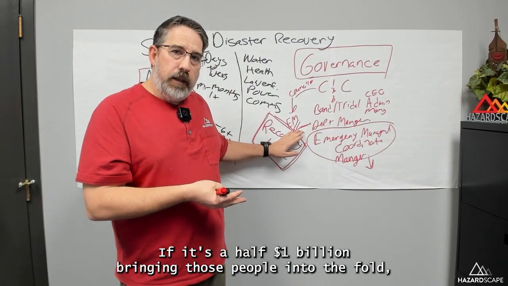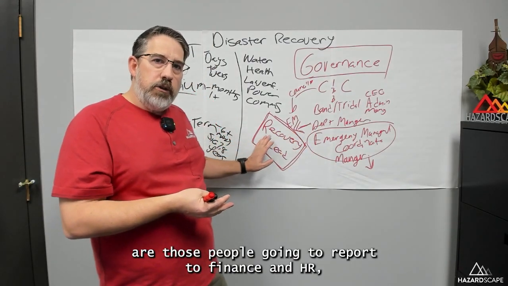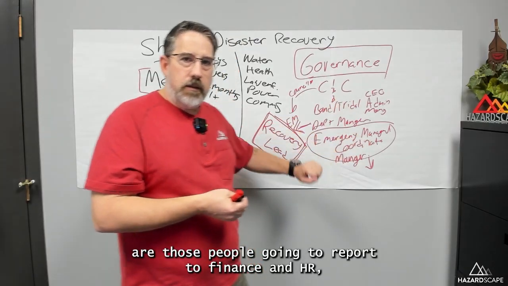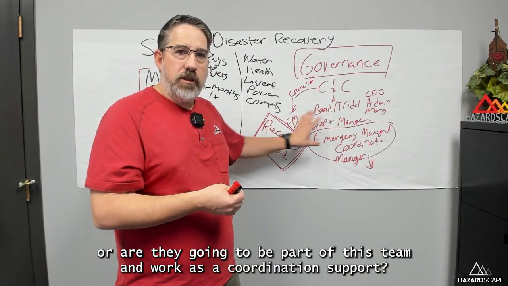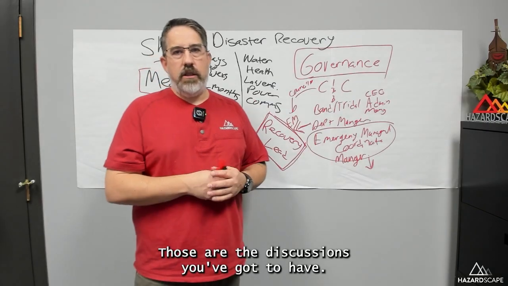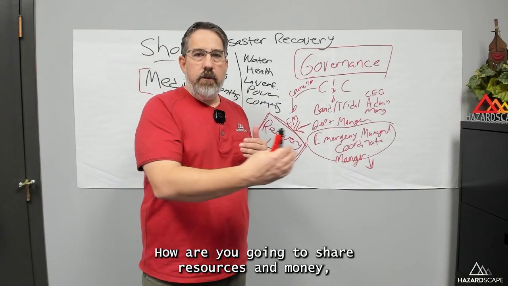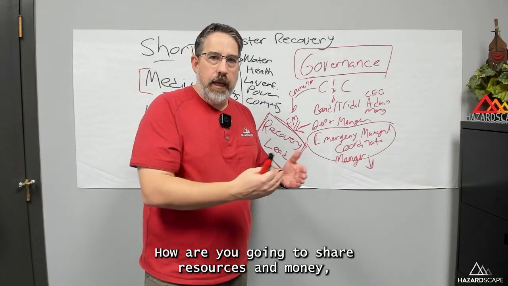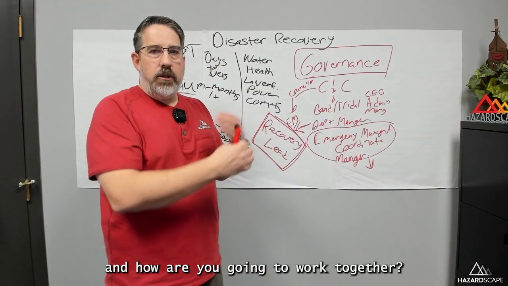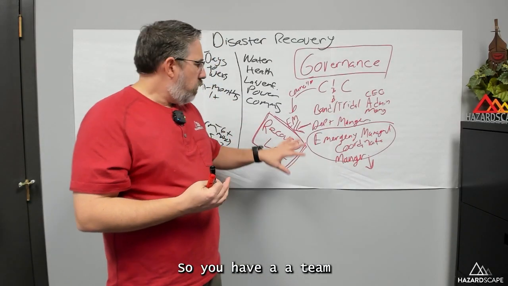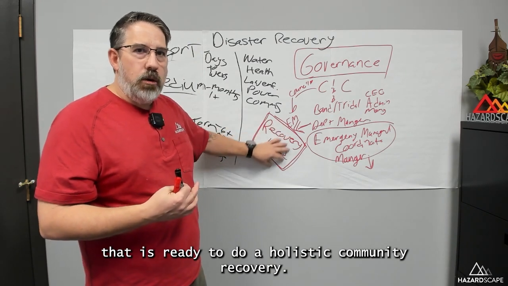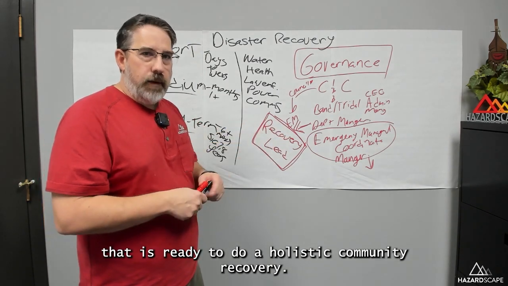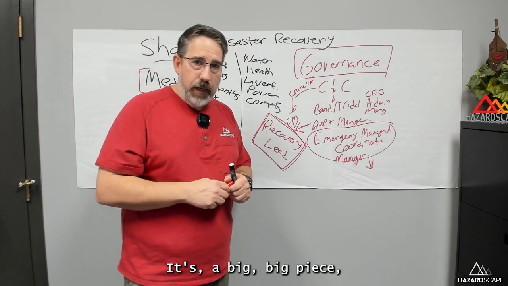Bringing those people into the fold: are those people going to report to finance and HR, or are they going to be part of this team and work as coordination support? Those are the discussions you've got to have. How are you going to share resources and money? And how are you going to work together so you have a team that is ready to do a holistic community recovery? It's a big, big piece.